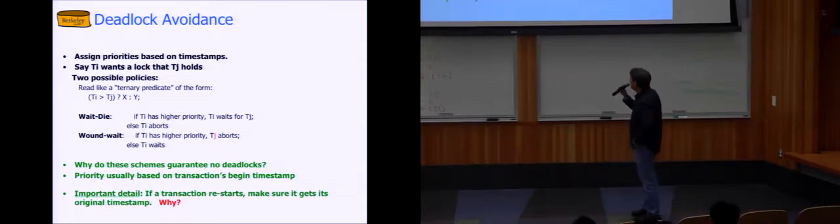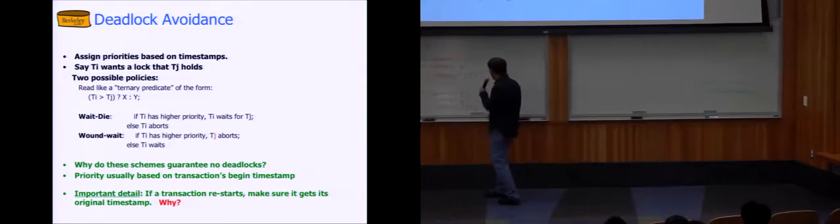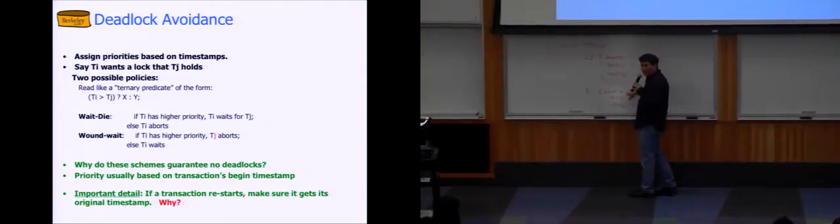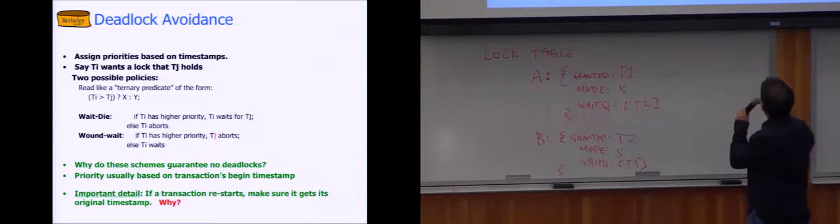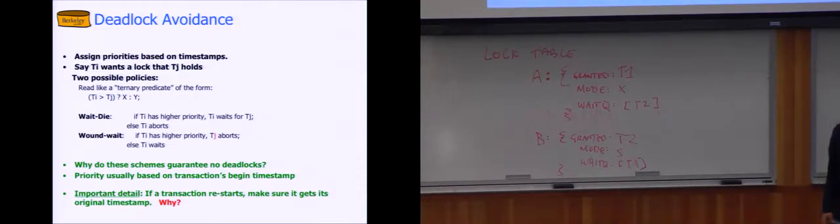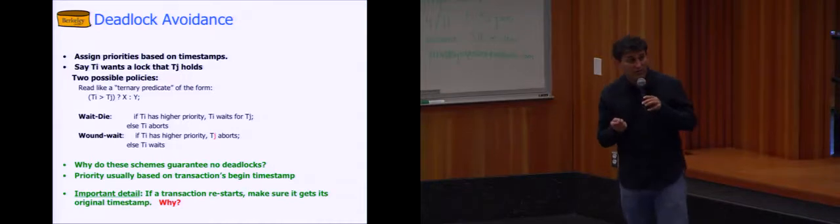The second scheme is called wound-wait. If TI comes in and has higher priority, it aborts the guy who's got the lock. It aborts the lower priority guy. Otherwise, it waits. So that's wound-wait. Your priority is usually based on your timestamp, so you have higher priority if you're older.